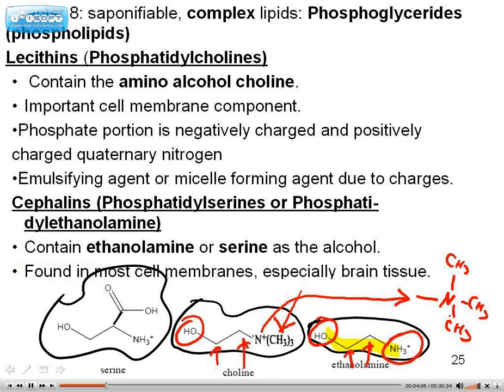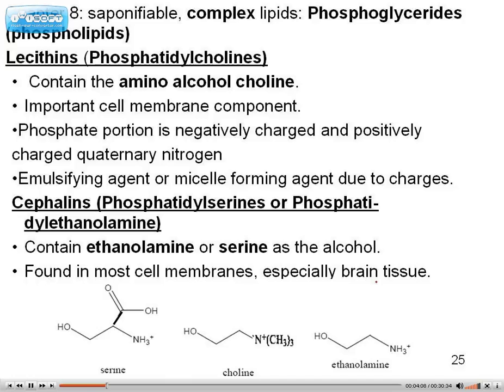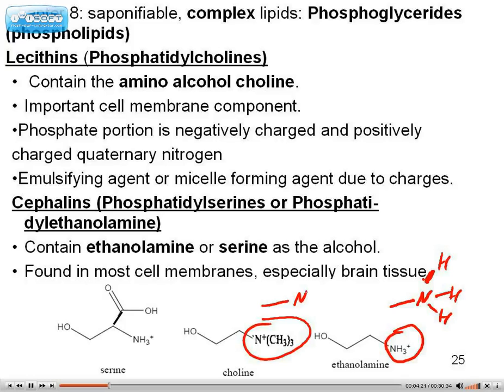So let me go ahead and re-summarize that. In the ethanolamine, it looks like this, where it ends in 3 hydrogens, whereas a choline actually has 3 methyl groups. So that's the big difference between choline and ethanolamine.